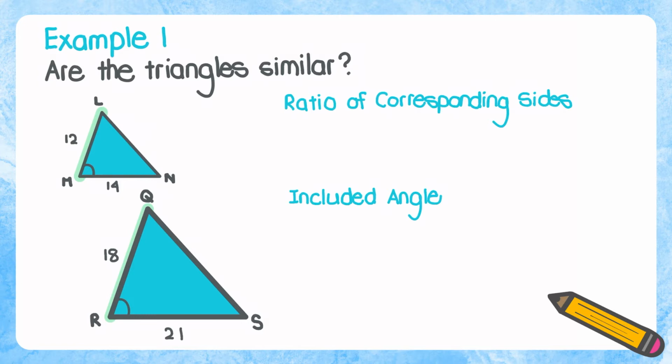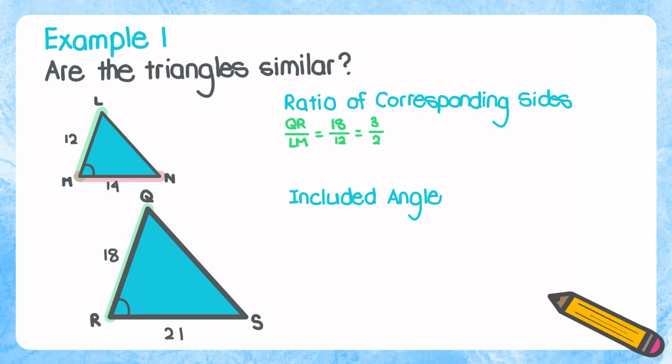So let me write the ratio out. Remember, we want the second triangle first, or that's how I prefer. So side QR over side LM. This is equal to 18 over 12, which simplifies to 3 over 2.